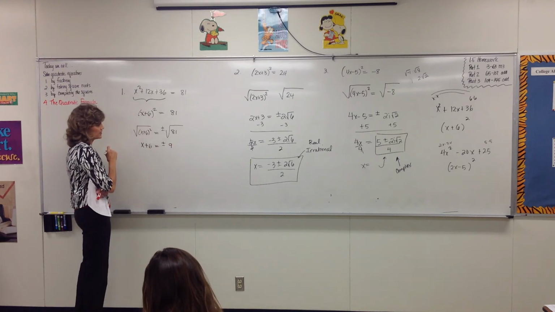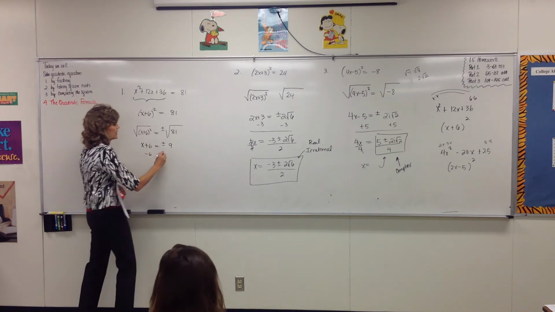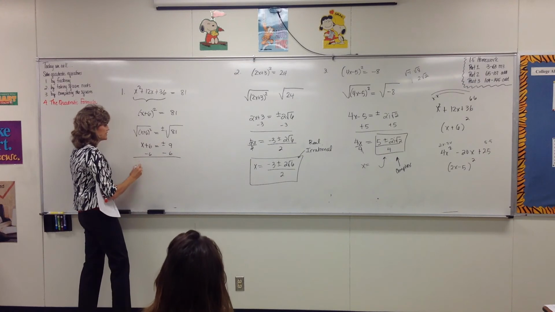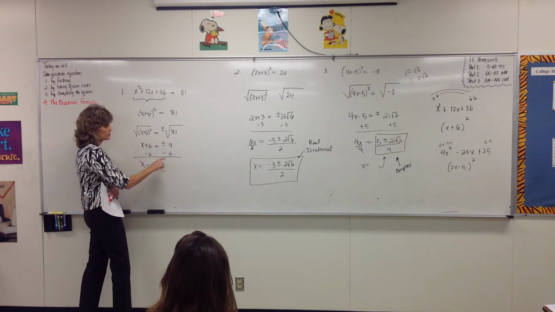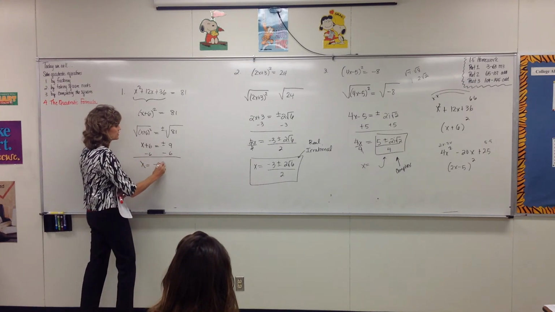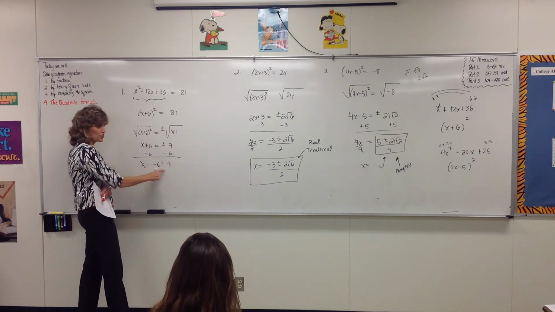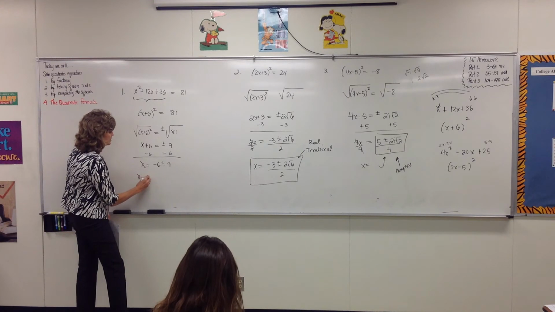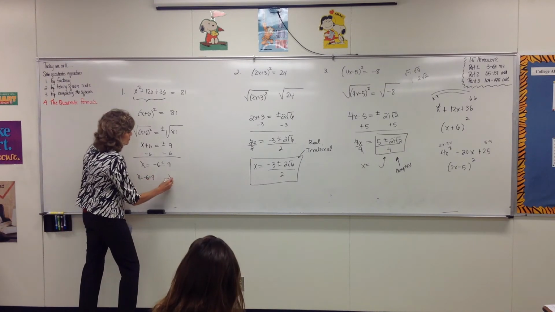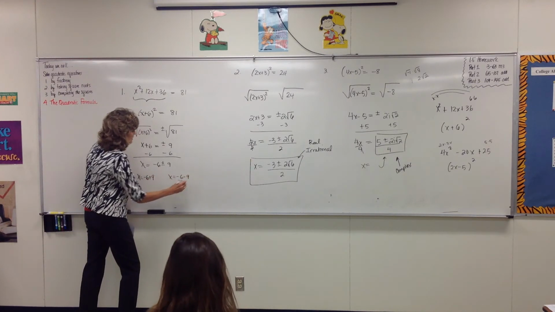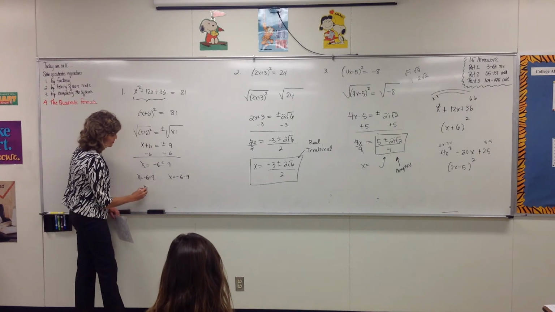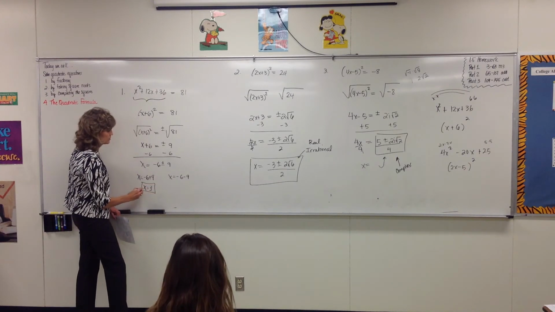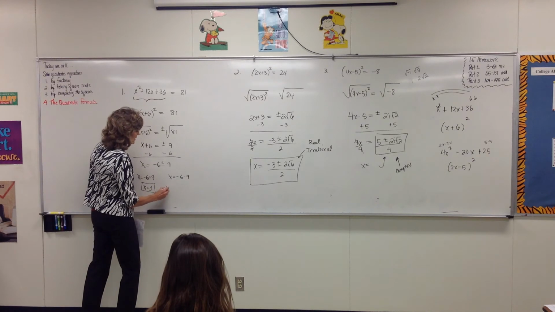So x plus 6 equals plus or minus 9. If I subtract 6 from both sides, then x equals, start here, negative 6 plus or minus 9. These are like terms, so don't leave it like that. Negative 6 plus 9, negative 6 minus 9 means that 3 is a solution and negative 15 is a solution.